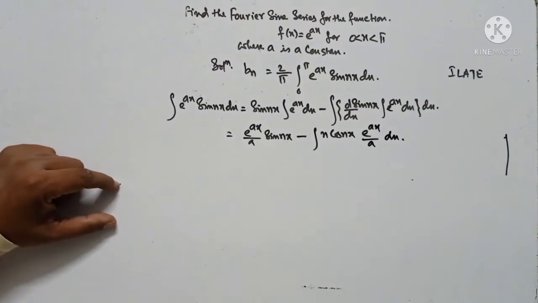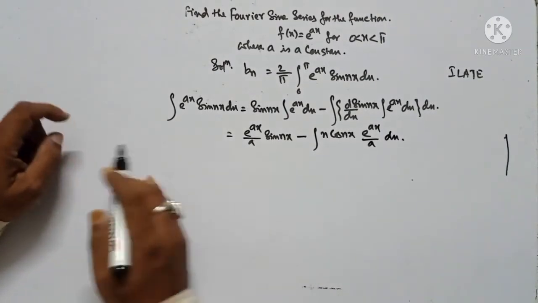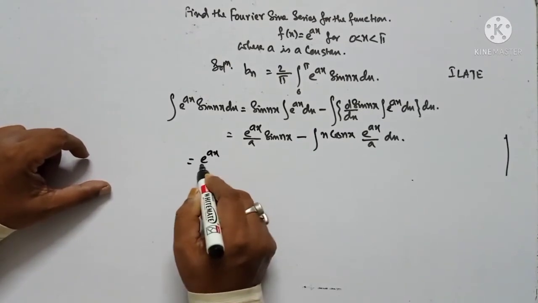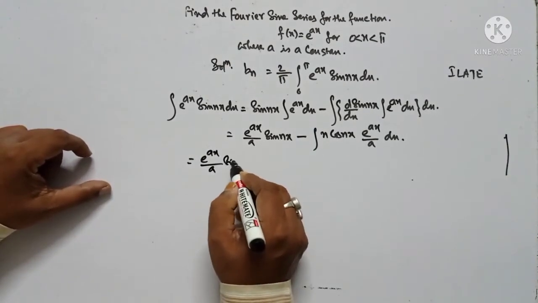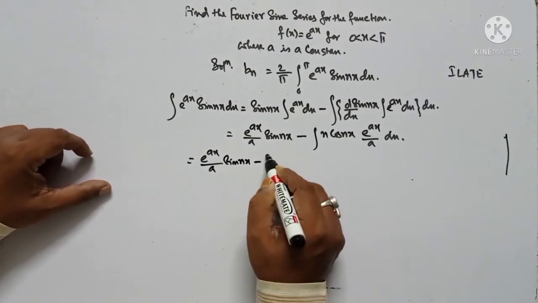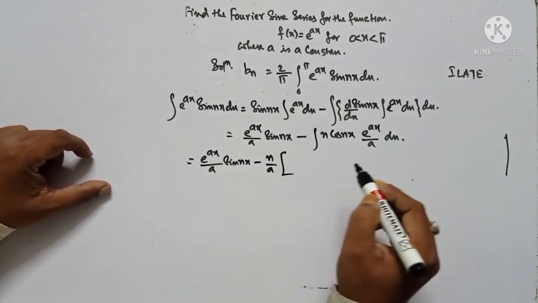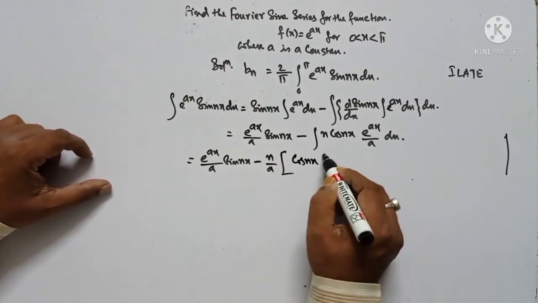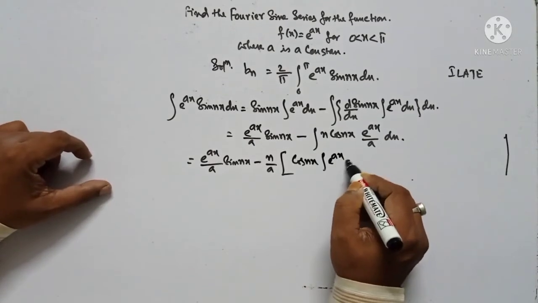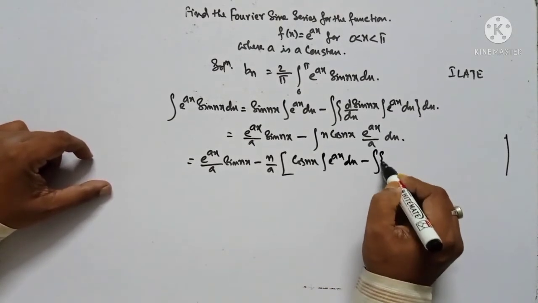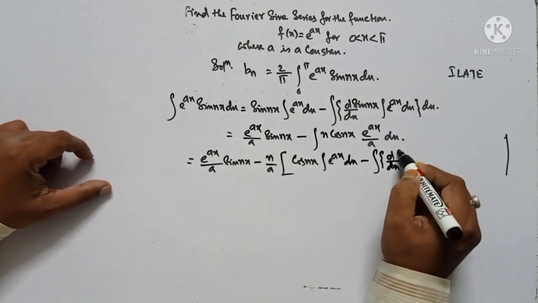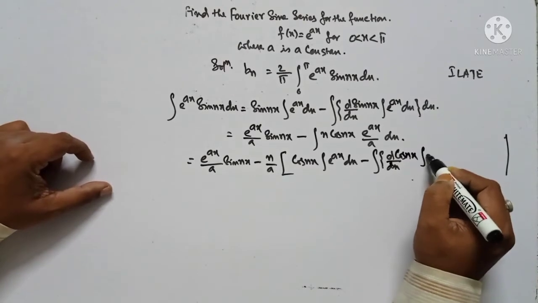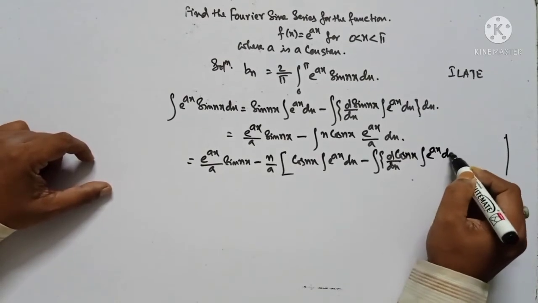So now this comes out to be e to the power of ax by a sine nx minus, again by parts, trigonometry is the first function, cos nx times the integral of e to the power of ax dx, minus the integral of the derivative of cos nx times the integral of e to the power of ax dx.